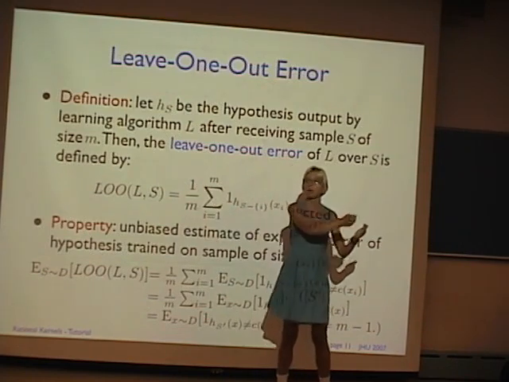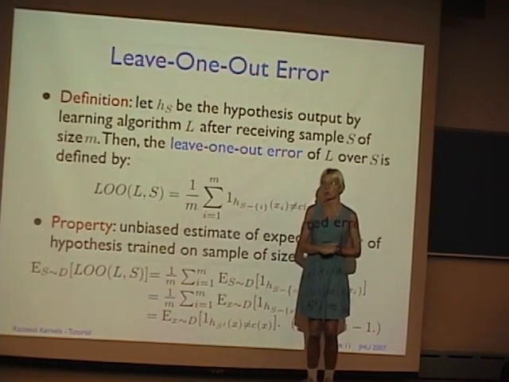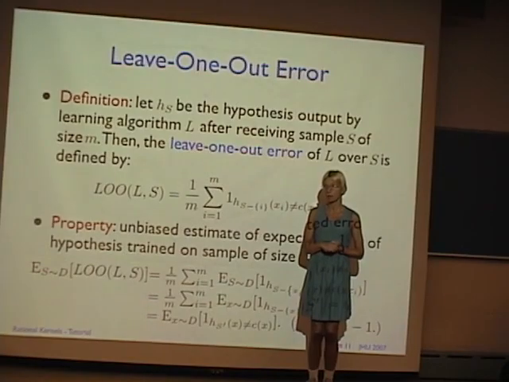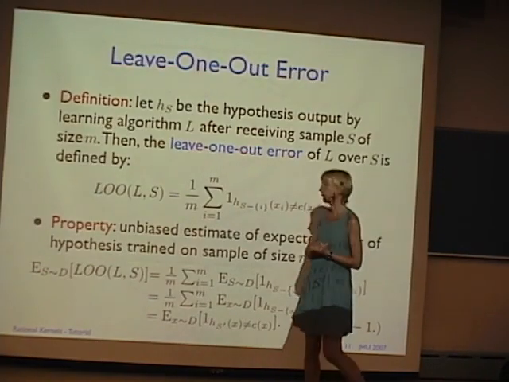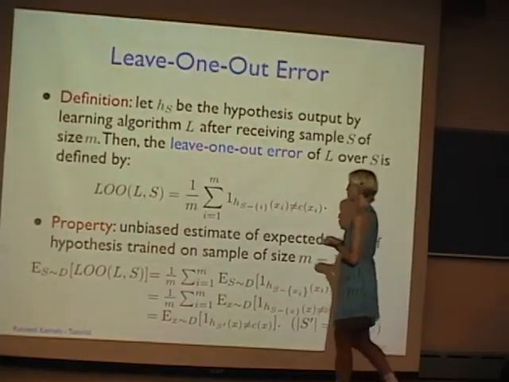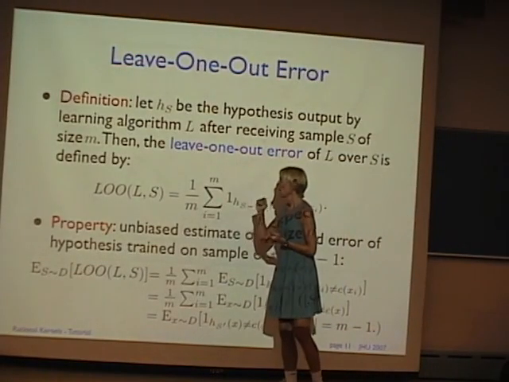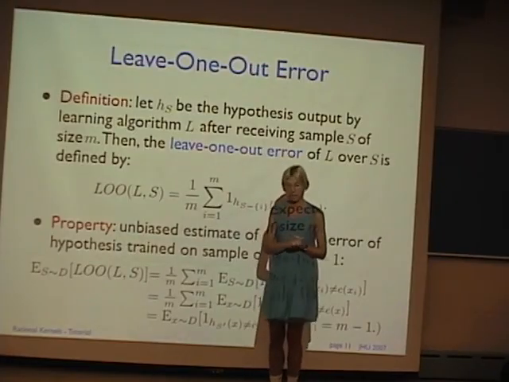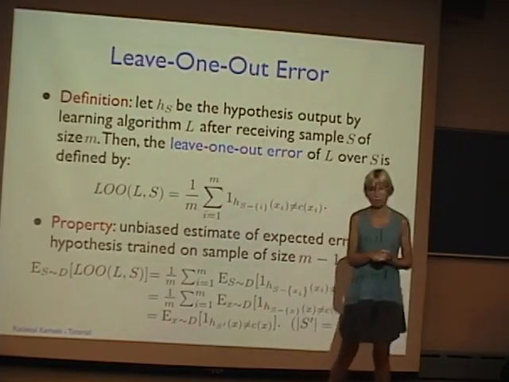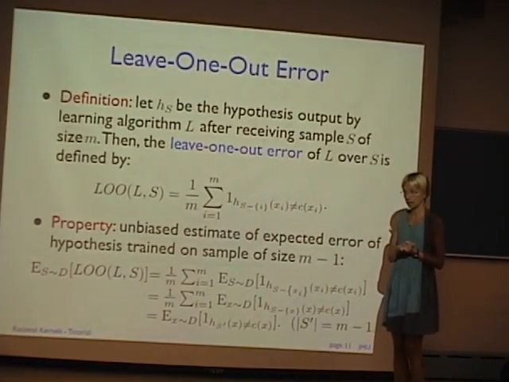And you repeat that for all M options for taking out an example from your training set. That's the leave one out error. What is easy to show is that the expected value of the leave one out error is an unbiased estimate of the generalization error of this classifier.